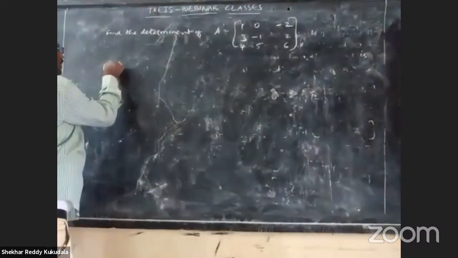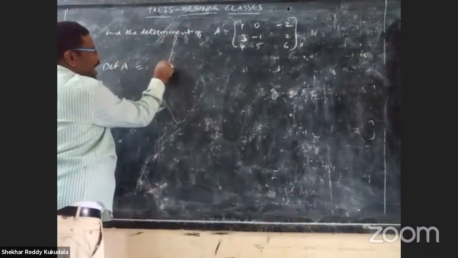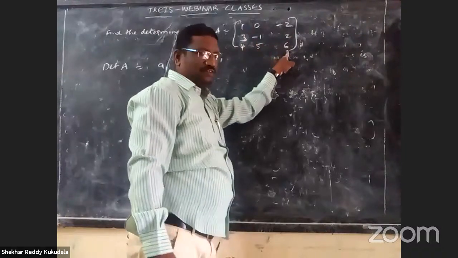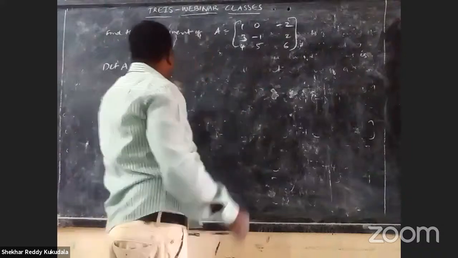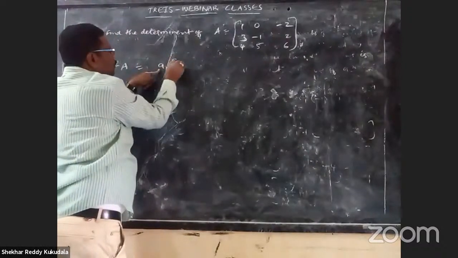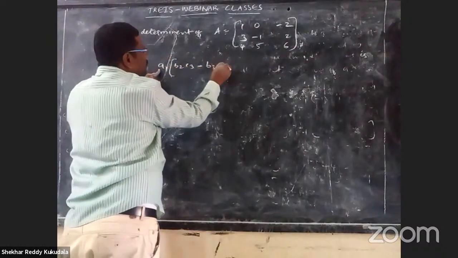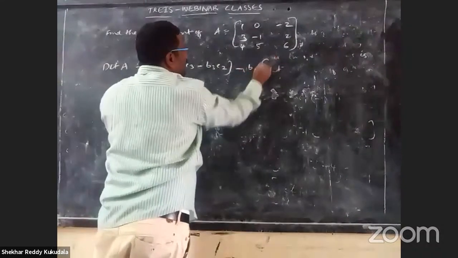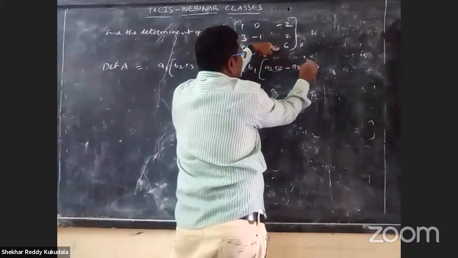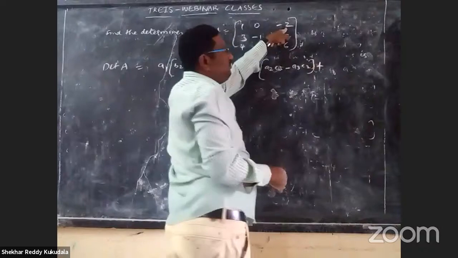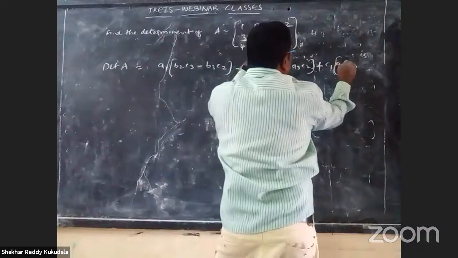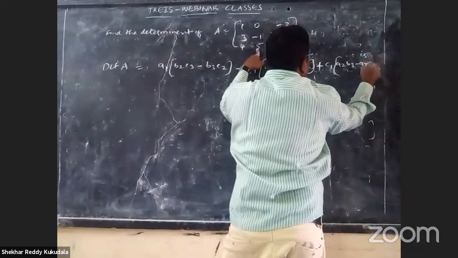So the determinant of A is, with the formula as if we assume A1, B1, C1, A2, B2, C2, A3, B3, C3, which we just derived: A1 into (B2 C3 minus B3 C2) minus B1 into (A2 C3 minus A3 C2) plus C1 into (A2 B3 minus A3 B2).